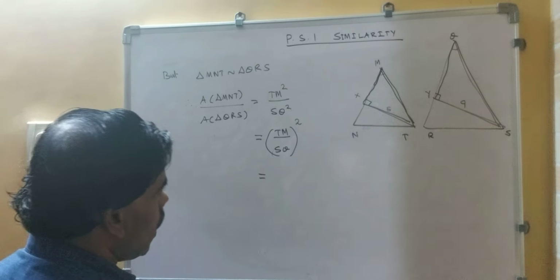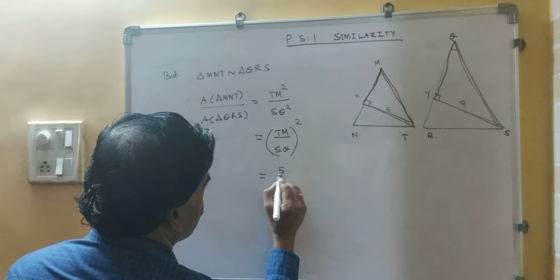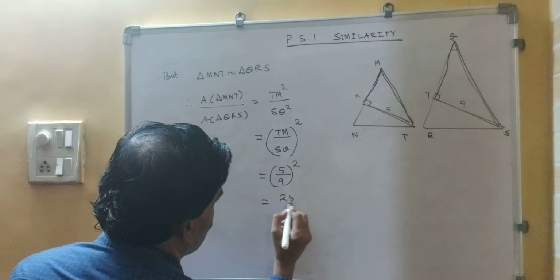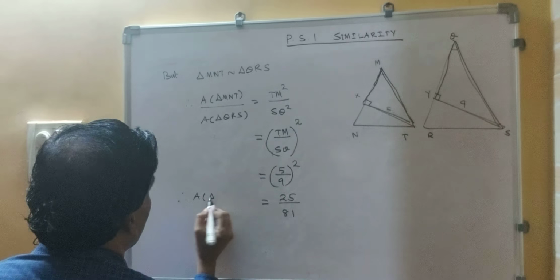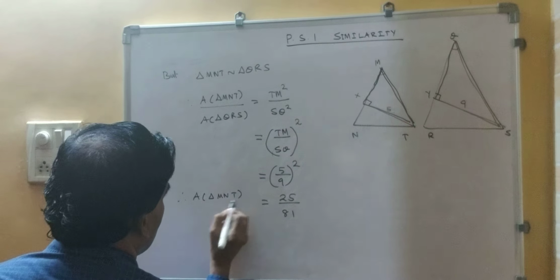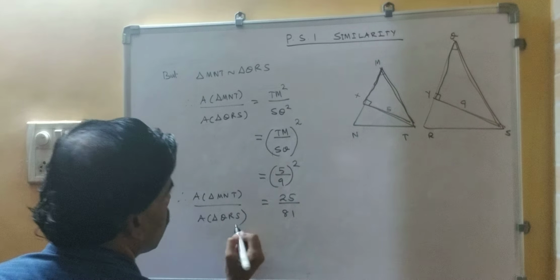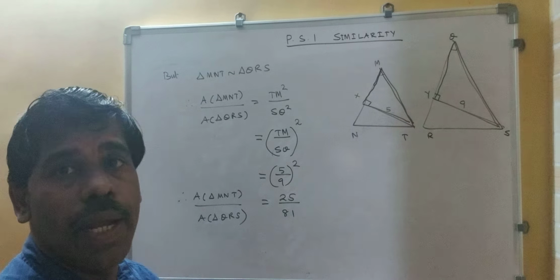But we have got TM upon SQ equal to 5 upon 9. So, which is equal to 25 upon 81. Therefore, area of triangle MNT upon area of triangle QRS is 25 upon 81.